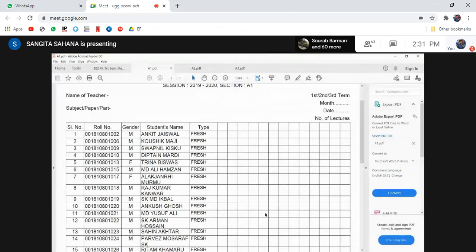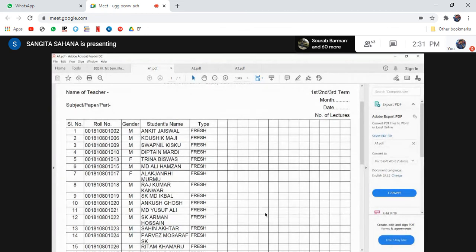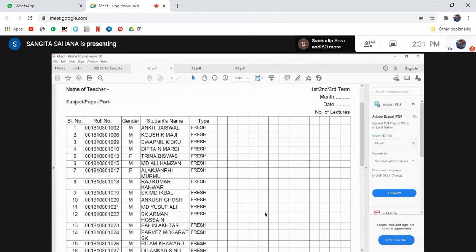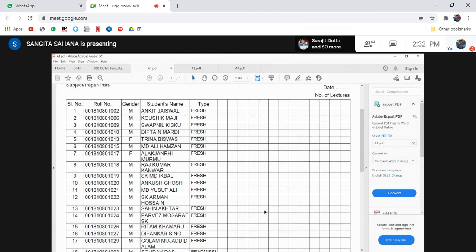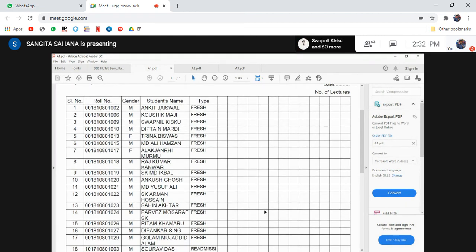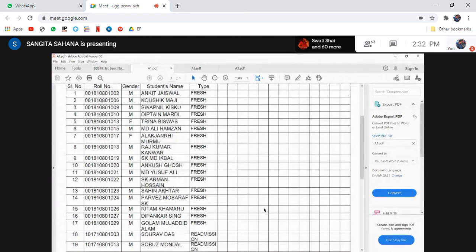Yes, ma'am. Ankit, yes, ma'am. 6. Yes, ma'am. Kaushik Magic. 9. Swapnil. Yes, ma'am. Swapnil Kisko. Yes, ma'am. 10. Deepten. Yes, ma'am. Present. Deepten Mardi. Okay. 15. Yes, ma'am. Mohammad Ali Amjan. 17. Yes, ma'am. 18. Rajkumar. Yes, ma'am. 19. Iqbal. Yes, ma'am. 20. Yes, ma'am. Unkush. Yes, ma'am.